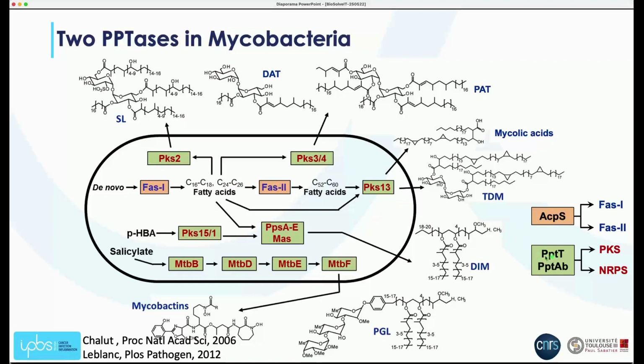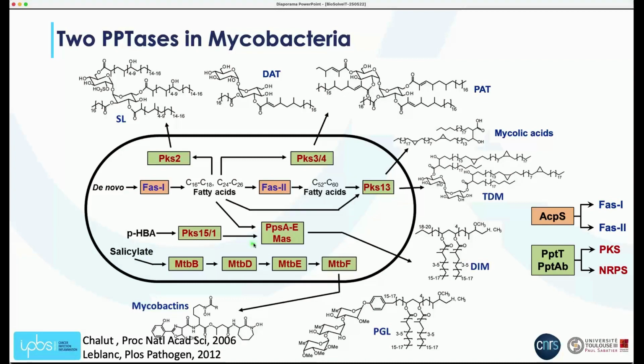The other one, called PptT in Mycobacterium tuberculosis and PPTAB in the case of Mycobacterium abscessus, is responsible for the activation of all about 20 polyketide synthases in mycobacteria and a few NRPS.